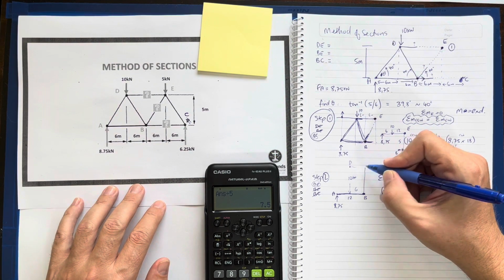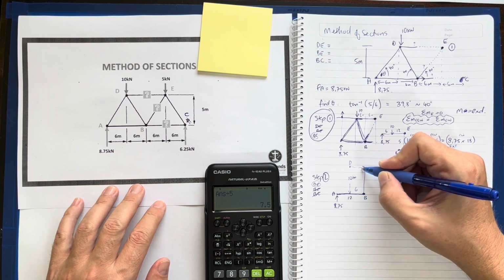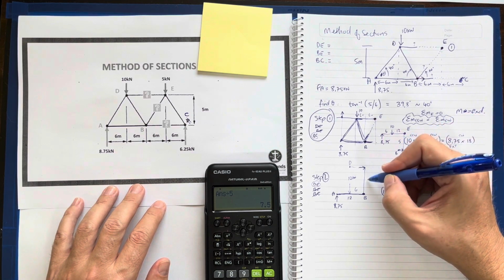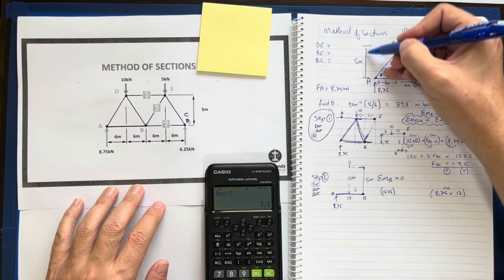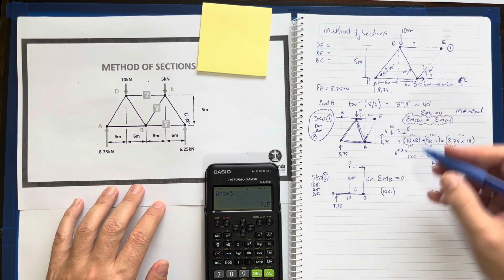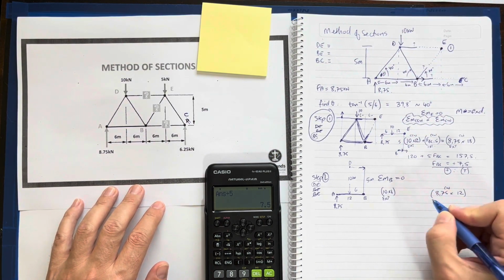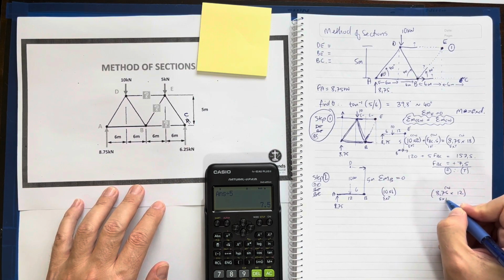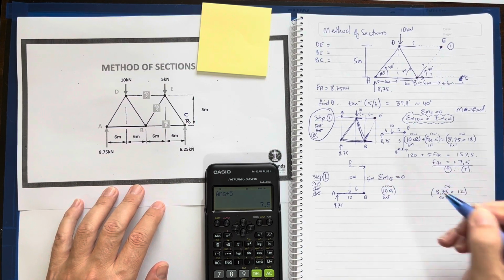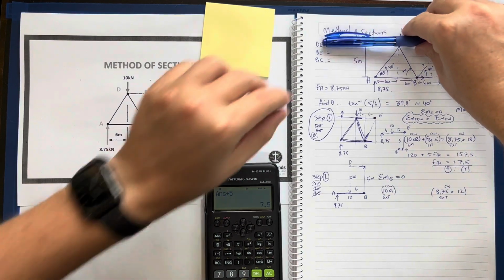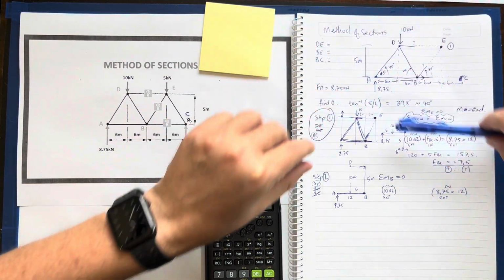here's D, going away from the joint, being 5 meters away from that. So this is my external, this is my external, counterclockwise, it is going to be pushing away from the joint.